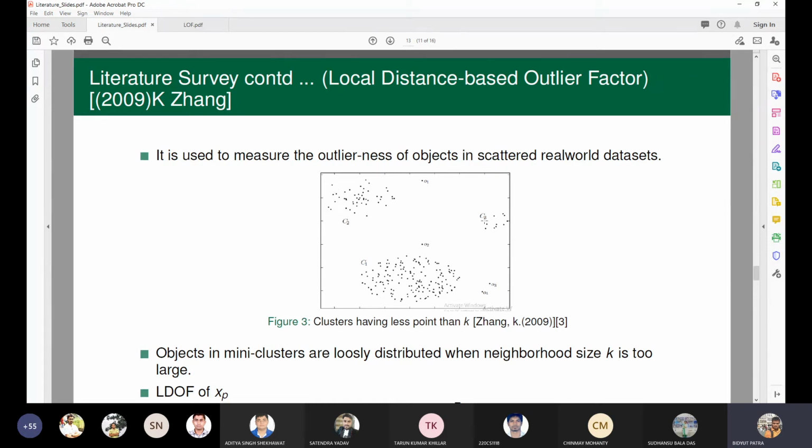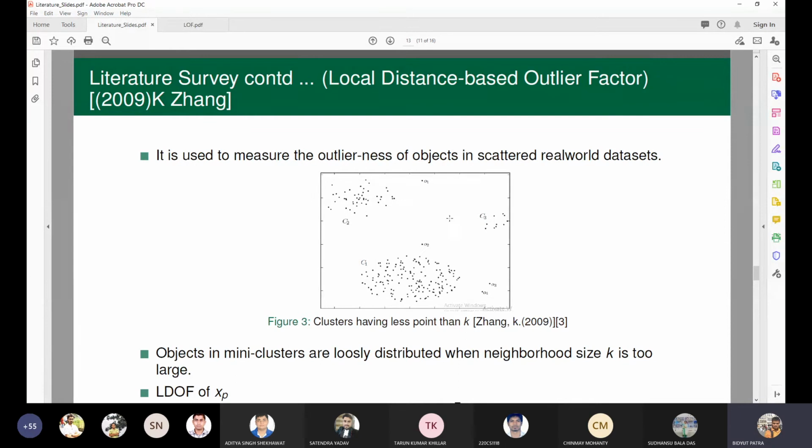So let's say you are identifying some star in the galaxy, whether it is quite different from the rest. In a galaxy, as you know, stars are quite far away, so the data will not be very dense. This is a sparse region, this is also a sparse region. In this scenario, finding outliers using LOF is quite troublesome.